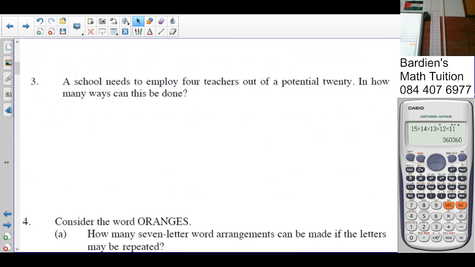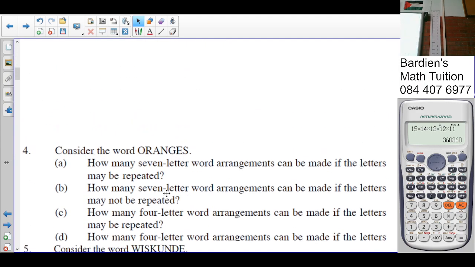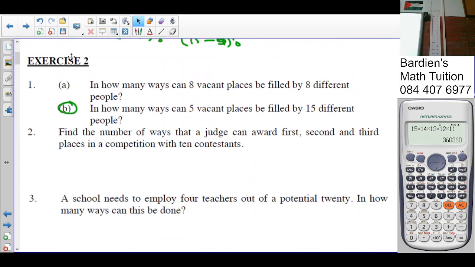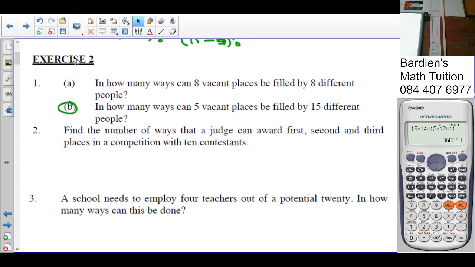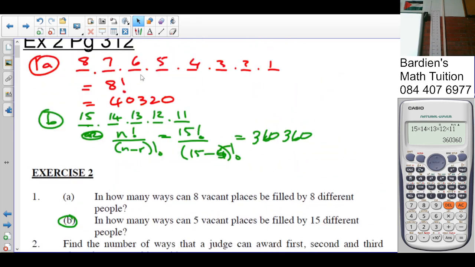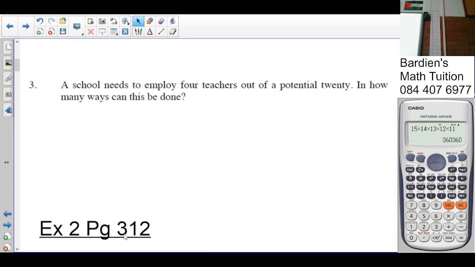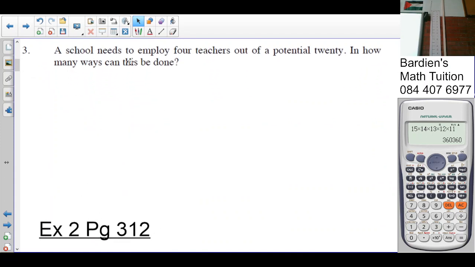Let's go to the next one, number 3. With number 3 we are told a school needs to employ 4 teachers out of a potential 20 candidates. In how many ways can this be done?